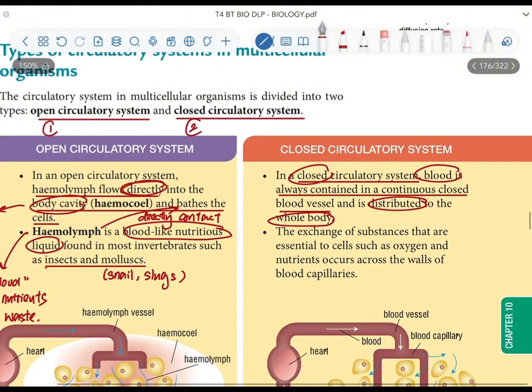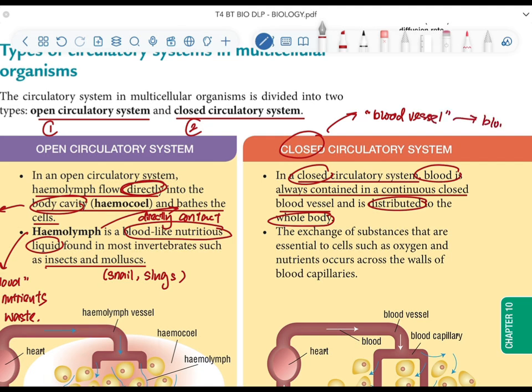Simply, in a closed circulatory system, we have blood vessels, and in the blood vessels we have the blood, isn't it? So this blood always flows in the blood vessel. It does not contact the body cells directly. The exchange of substances essential to cells such as oxygen and nutrients occurs across the walls of the blood capillaries.